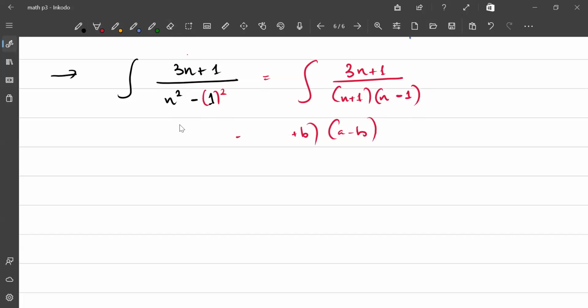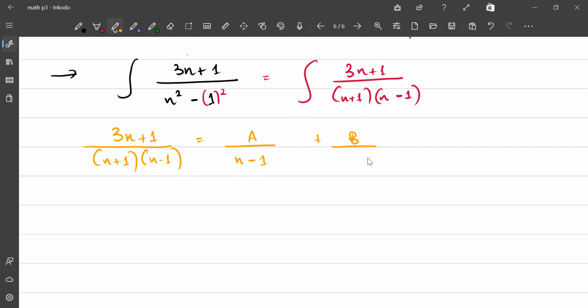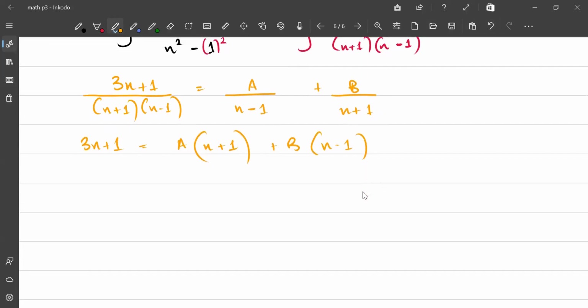Right? So now we are going to apply partial fractions the way we do, completely normally. So it could be a over x minus 1 plus b over x plus 1. All right.